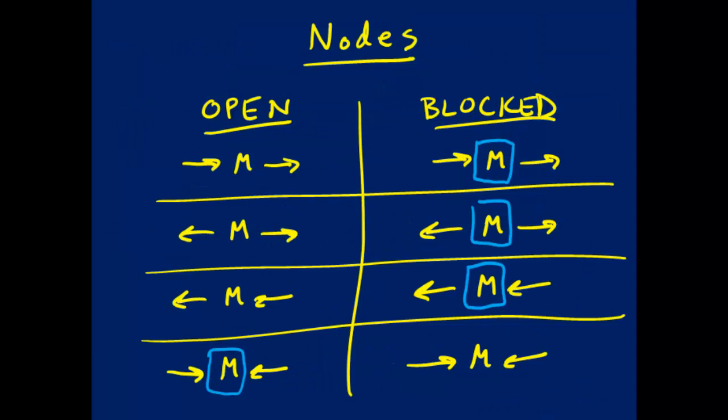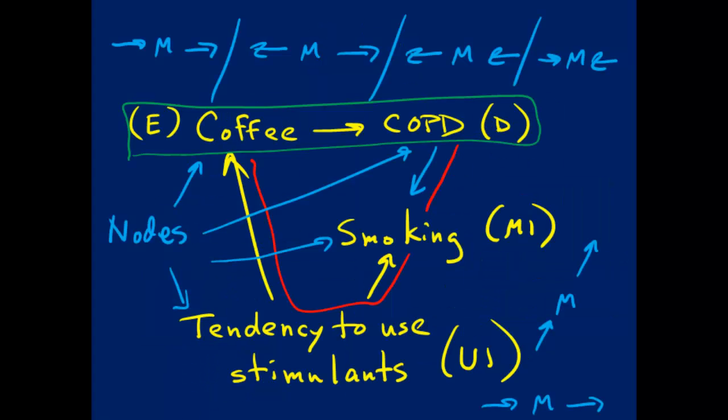And as we saw over here, when you have that kind of situation, that node is actually blocked. Now, the interesting thing to note here is that if we, in that kind of situation, were to condition on smoking, we would actually open up this node. And since there are no other blocks like this where the arrow is pointing into the variable, for example, here, if the arrow was pointing into the variable on both sides, this one would also block the path, but it's not that way.